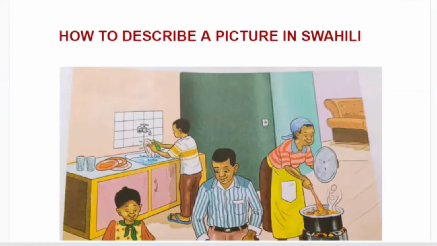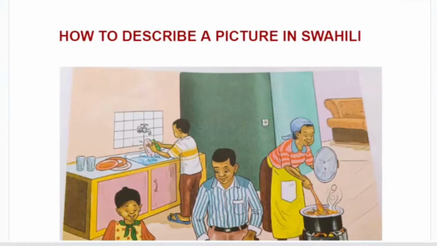It helps you practice speaking and learn vocabulary, like the names of the things you see in the picture. The more you say the names, the more vocabulary you learn. So describing a picture is a very important part of learning a new language.